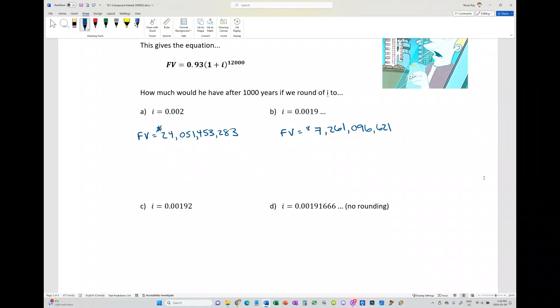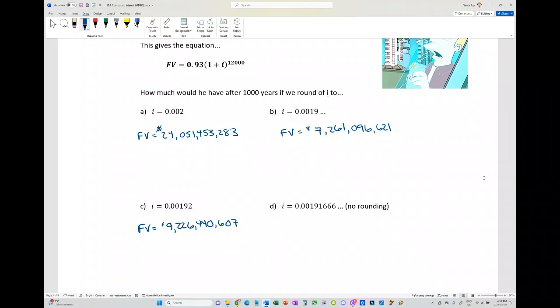So maybe we should keep 3 significant digits and see what happens. 0.00192. The future value on that one, when we plug it in, works out to be $9,226,440,607. So note that just keeping that one extra digit, instead of 19, we went 192. That gave us another $2 billion in our bank account, just that third digit.